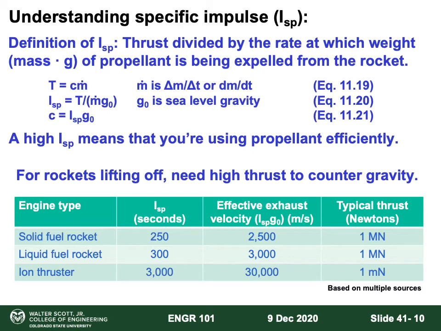If you multiply the specific impulse by gravity, you will get this exhaust velocity in meters per second, and that's typically between 2,500 and 3,000 meters per second, which could also be said as 2.5 kilometers per second or 3 kilometers per second. So as you can see, that is less than the velocity that you need for orbit. And these types of rockets have massive amounts of thrust, which can be measured in meganewtons.